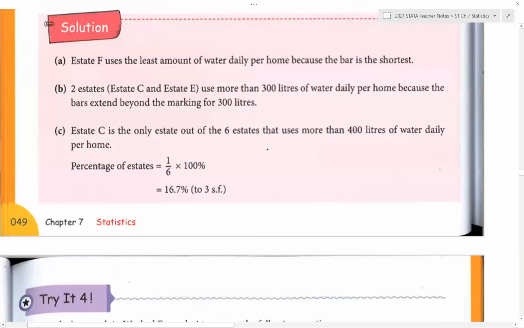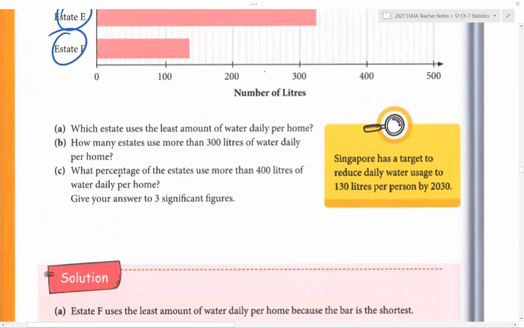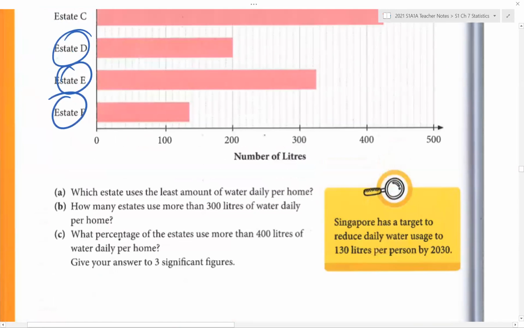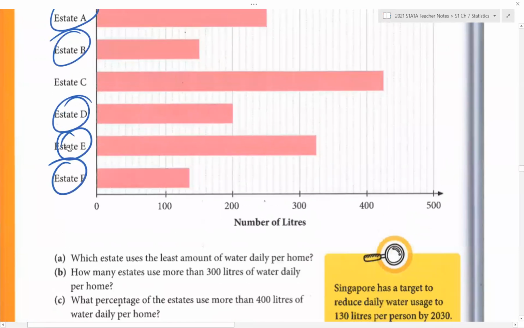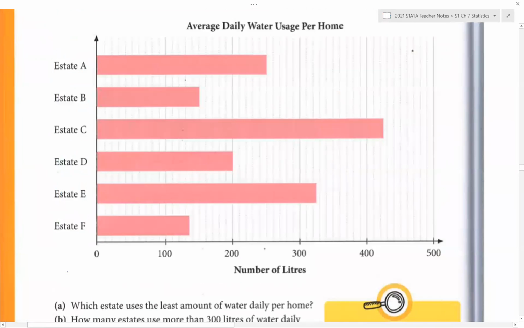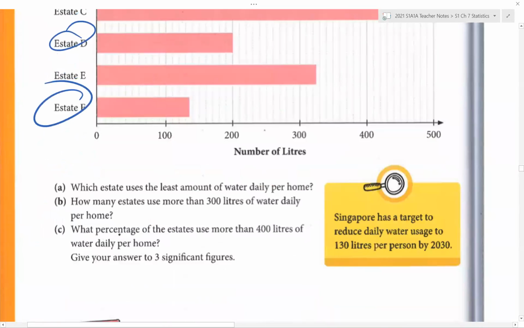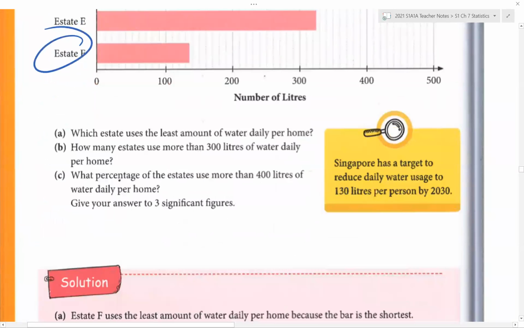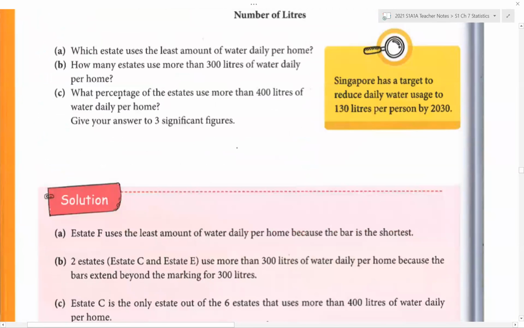Ryan, less than 300? Four out of six. Which are the four? A, B, D, and F. So 4 out of 6, 2 out of 3.